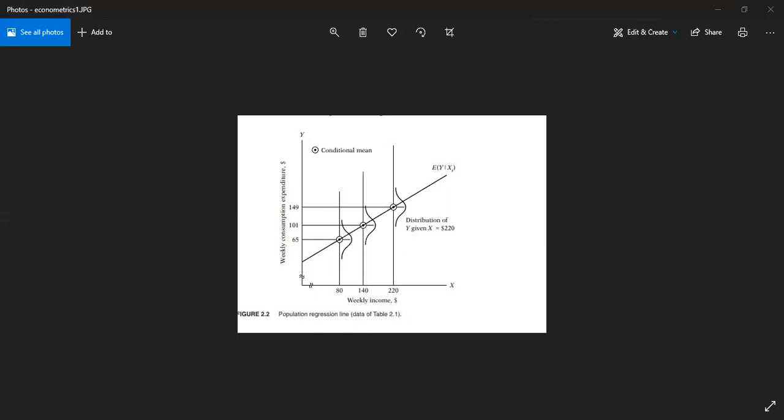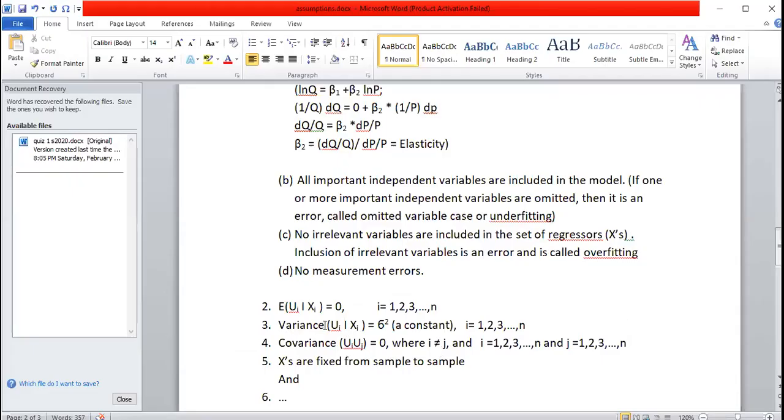Now, another issue: if it's a random variable, it has a mean, it has a what? Variance. How about the variance of u? For our example, let's say there are 20 values of x starting from 80, 100, 120 and so on. Then you have 20 distributions of u.